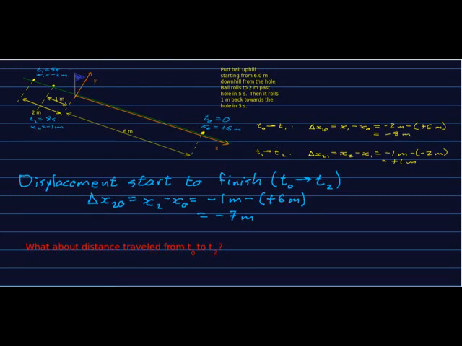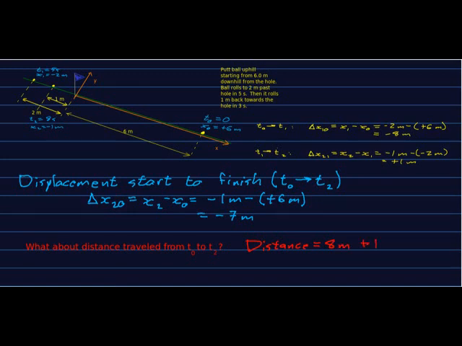But the distance traveled is not 7 meters. You know, if you walk 3 kilometers to school and then walk home, no one's going to say that you've walked no distance. The distance traveled is going to be, well, first it went 8 meters up the hill.